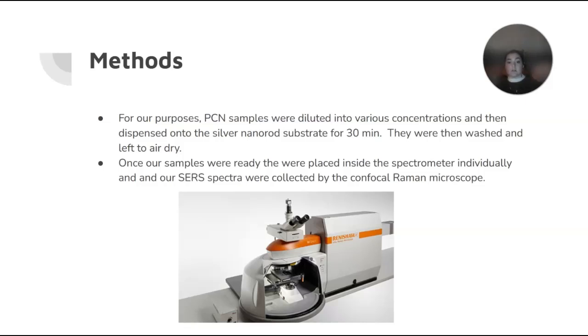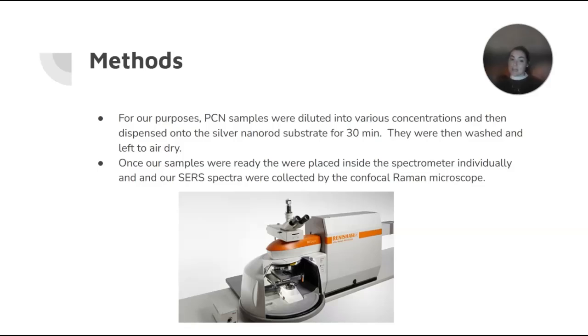And if you don't know, this machine is basically a microscope and then the whole machine as we saw in the diagram. On the outside of the machine, there is a computer that is connected to a camera inside the spectrometer, and you can see your sample, you can focus and adjust the microscope as needed before closing the door, and then hitting run on the computer, and it collects all your spectra for you.